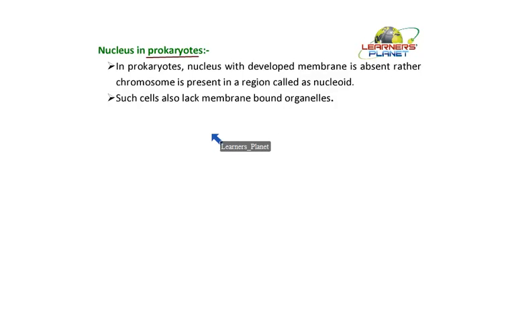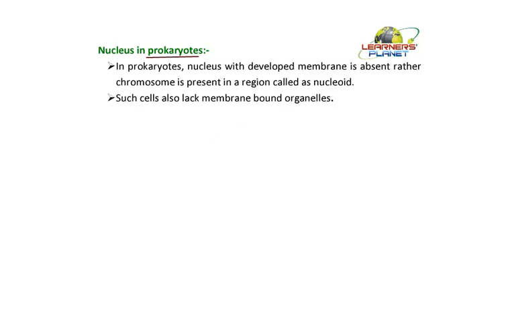But in case of prokaryotes, no such separate special matrix is present in which the nuclear material is found. Rather, here, the nuclear membrane is completely absent. So you can imagine that in this case, the nucleoplasm has no particular identity. Here, the region is actually intermixed with the cytoplasm.